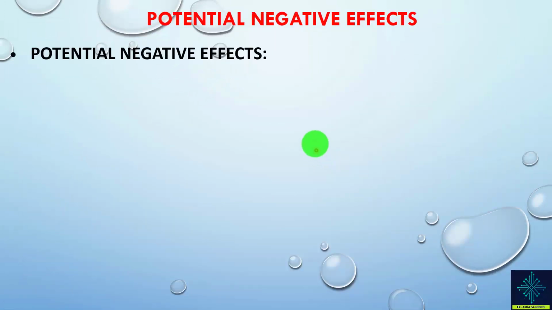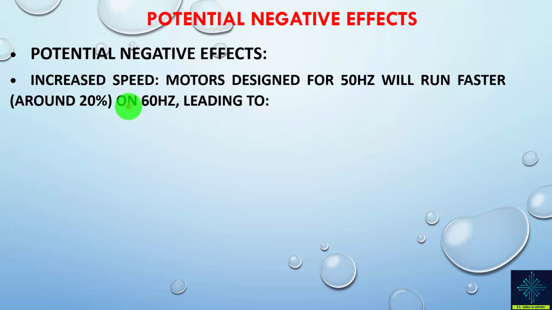We want to discuss the potential negative effects. For motors, there is increased speed. Those motors designed for 50 Hz will run 20% faster. This is the opposite case. Like again, if it's designed to operate at 2000 RPM, you'll expect it to run faster and have an RPM of 2400.